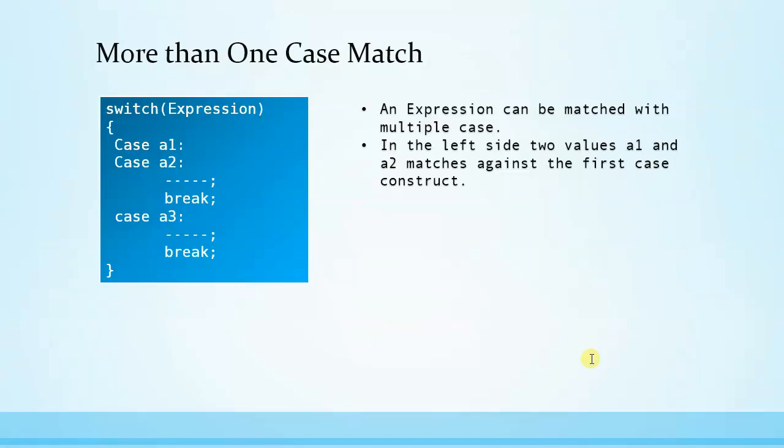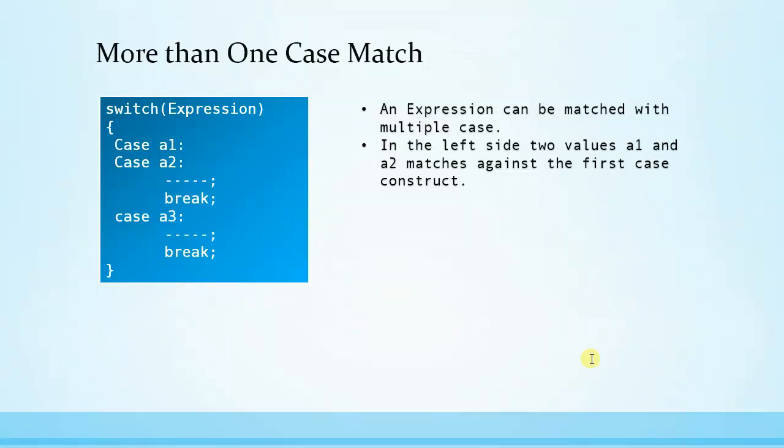In the left side example, when the expression evaluates to A1 or A2, so definitely the expression will evaluate to a number, and if that number is A1 or A2, then we will be executing the same case structure. If the number is A3, then we will be executing the second case structure.